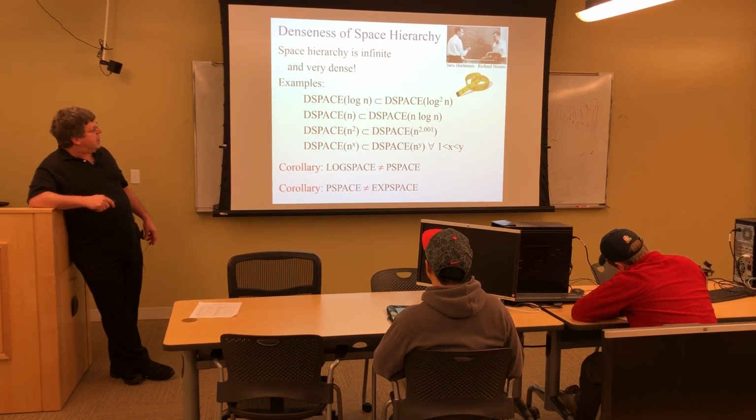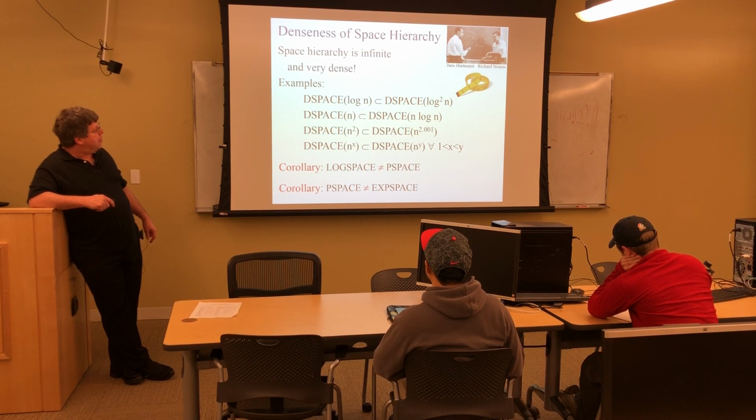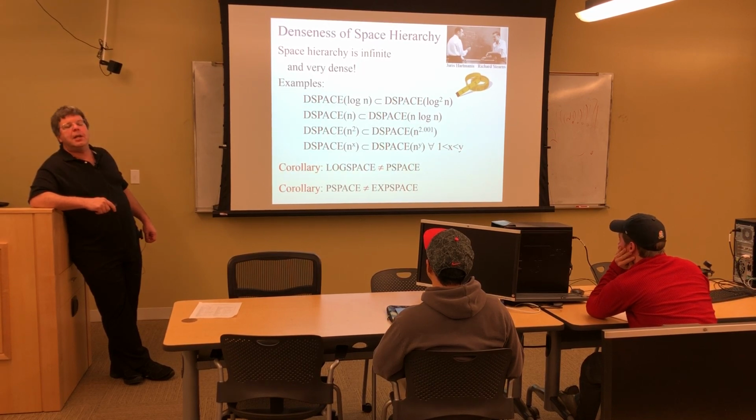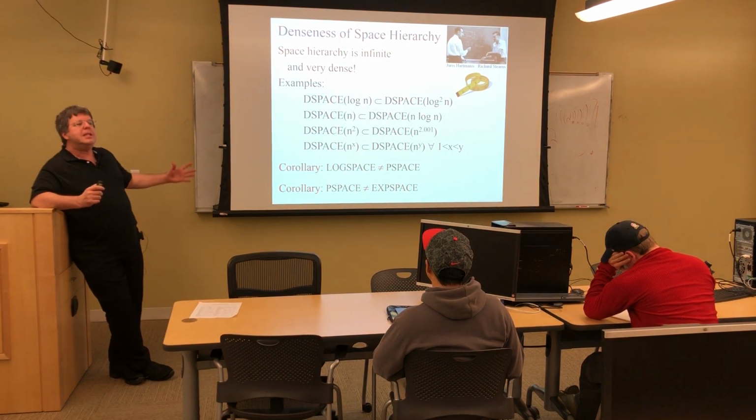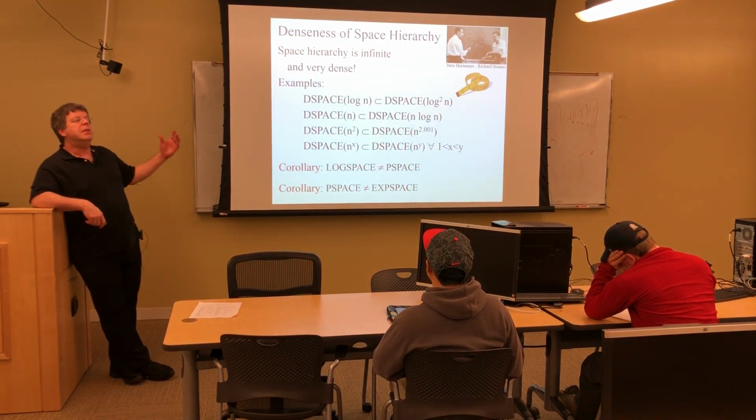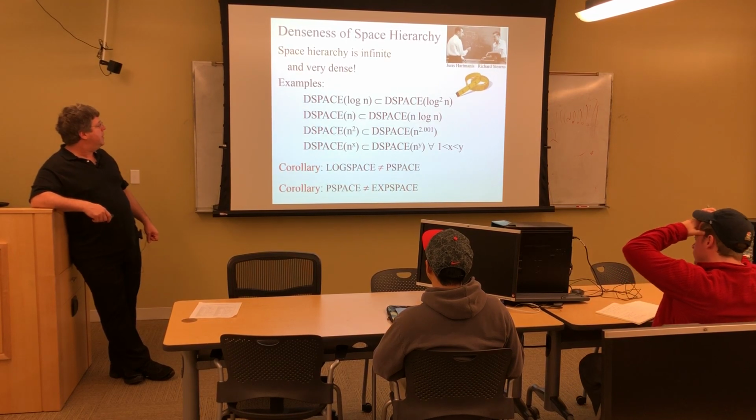Similarly, n is a proper subset, emphasis on the word proper, of n log n. N squared is a proper subset of n to the 2.001 because it's dense. In fact, n to the x is a proper subset of n to the y as long as x is slightly less than y. It doesn't matter how much. It could be smaller by 1 over Google. And if they're both exponents, that's enough. There's an infinite number of languages that all of a sudden are possible to decide.